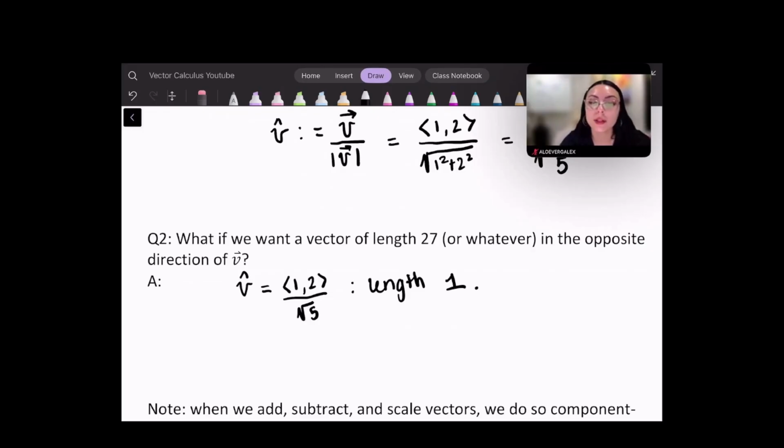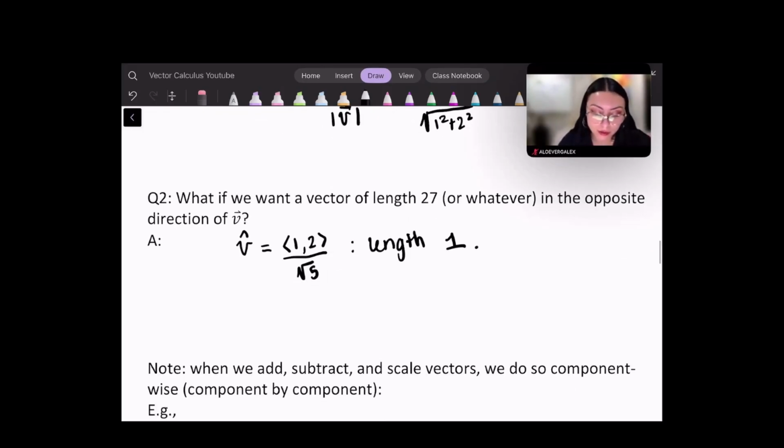But we are interested in finding a vector of length 27. So what we do is we say, okay, v hat has length 1, so if I want a vector of length 27, just multiply that by 27. Just stretch it by a factor of 27. So we stretch v hat by a factor of 27.